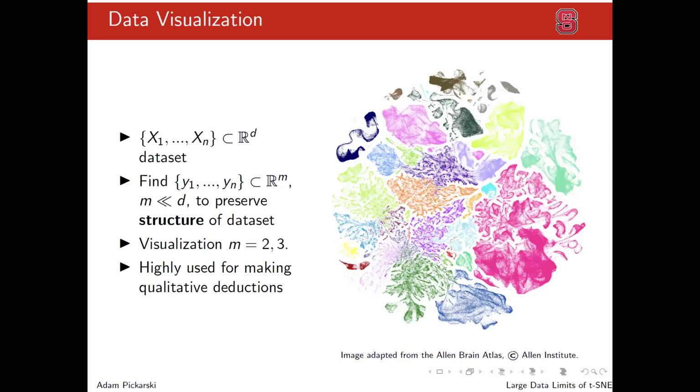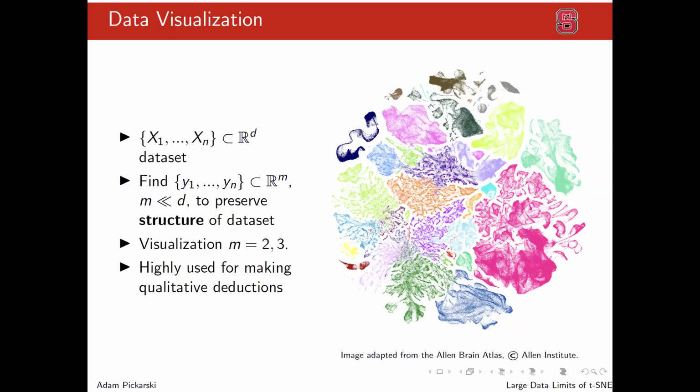The overarching goal is some sort of pattern finding. You want to be able to draw conclusions from your data. And of course, when you're doing visualization, you need m to be equal to 2 or 3. People in medicine or biology have really clung on to a lot of these algorithms because they use them to make deductions about very high dimensional cell data.